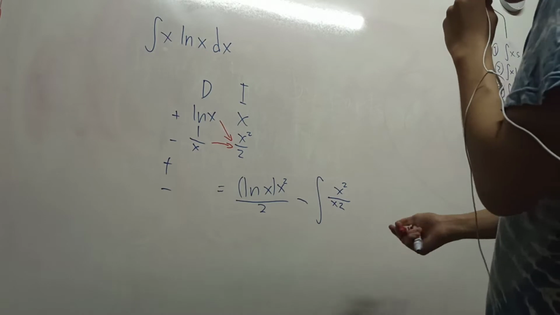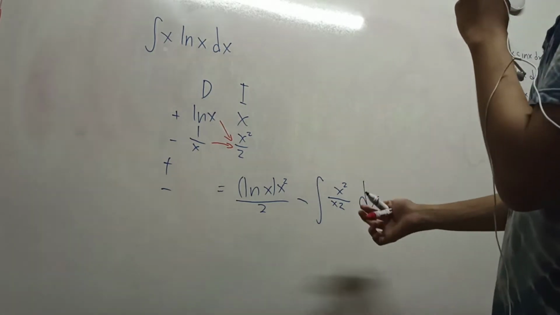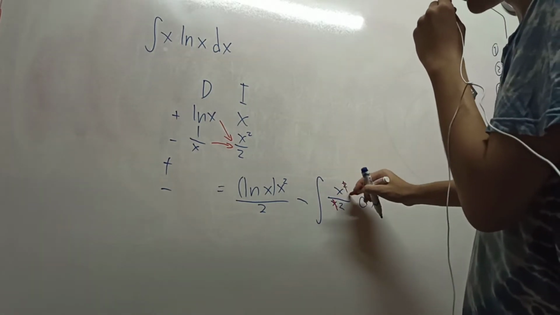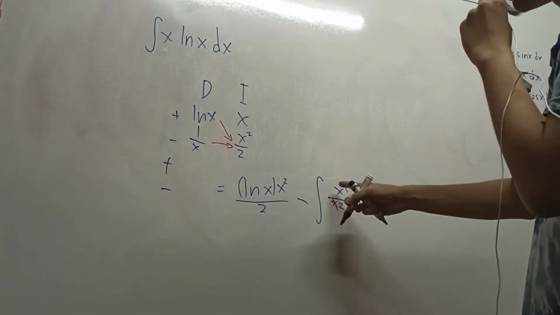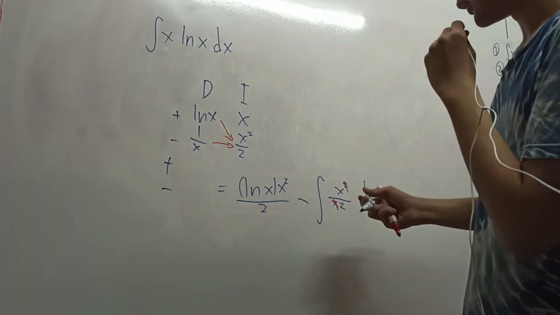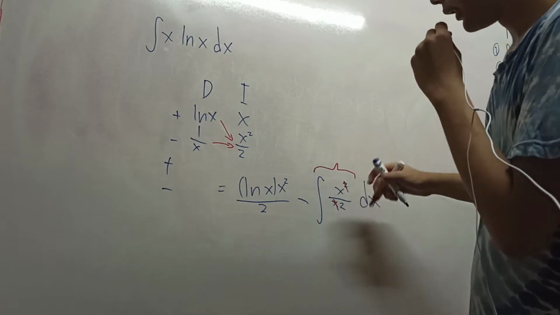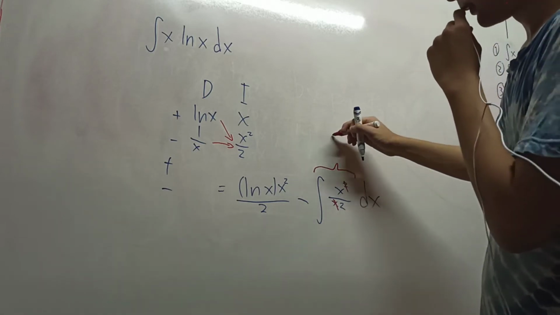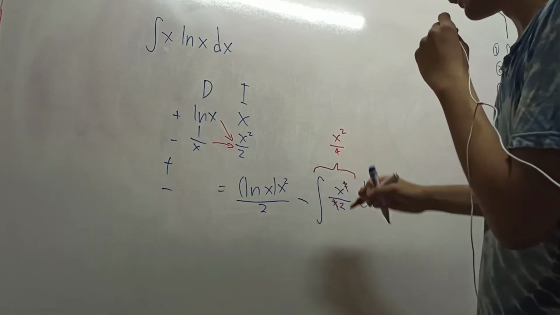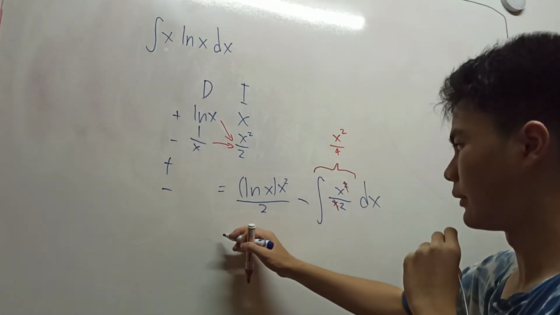But here's what I mean. We can integrate the whole row easily now because x and x squared cancels off to x over 2. And that is actually equal to x squared over 4. So now we get the full answer.